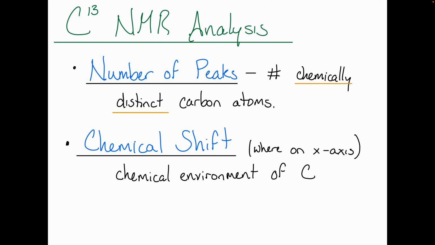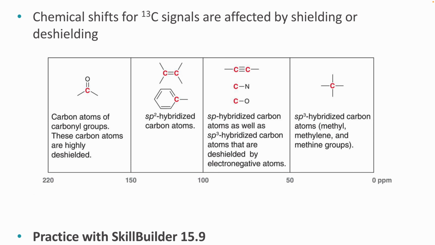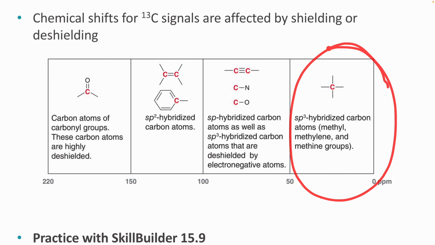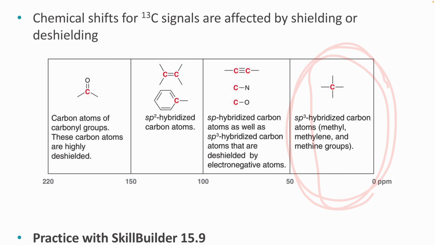All right, so similar to IR, right? Depending on where that peak was on the x-axis, it told us some information about that peak. Same thing with NMR, all right? Specifically looking at carbons now, right? We're talking about carbon-13 NMR. It turns out that our regular old carbons with their single bonds are down here.